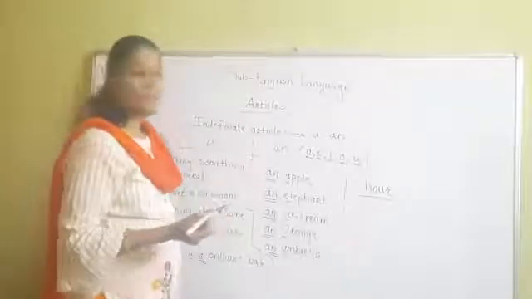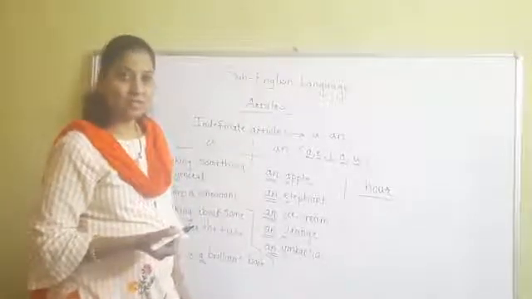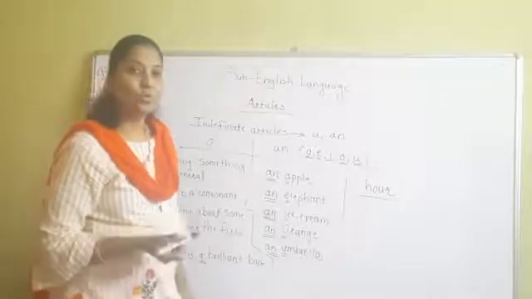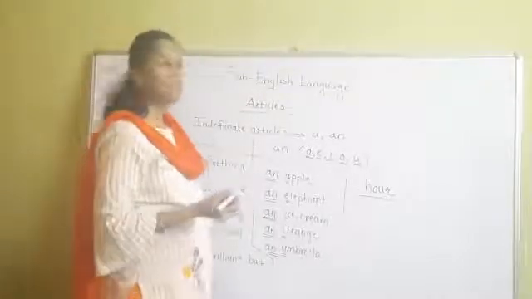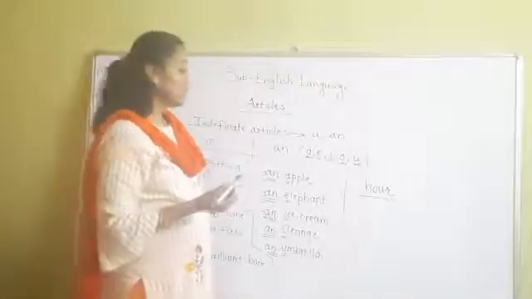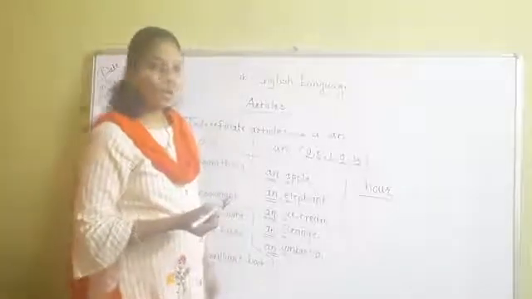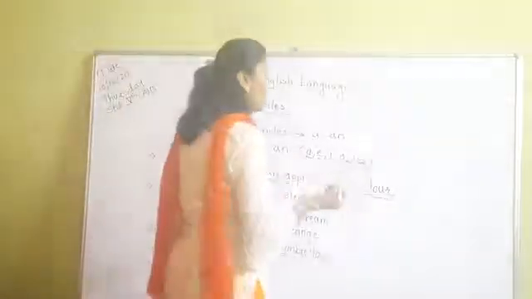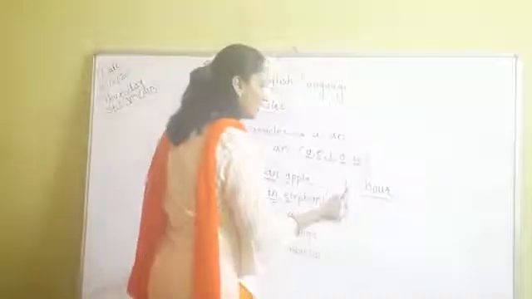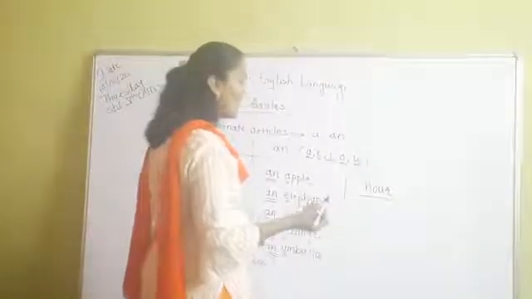Okay? If we are pronouncing it our, it is a wrong pronunciation. We have to say this word as R. Okay? So, when we are pronouncing this word, we are saying R.